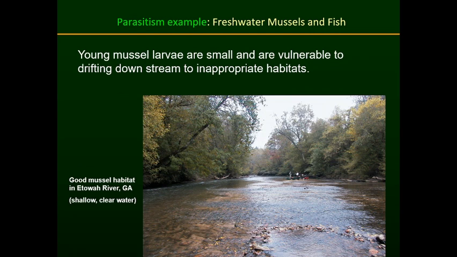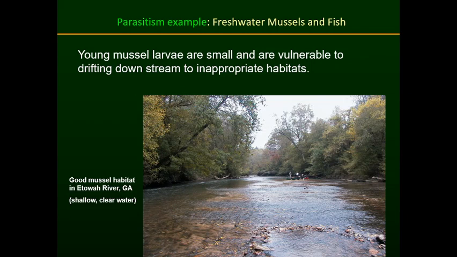Okay, so this is some really good looking mussel habitat here. This is the Etowah River over in Georgia, and it's in a shallow shoals section of the river where you could get out, walk around, and that sort of thing. And nestled into the rocky bottom here of the stream are going to be lots of mussels. Now, mussels. Let's talk about mussel sex.